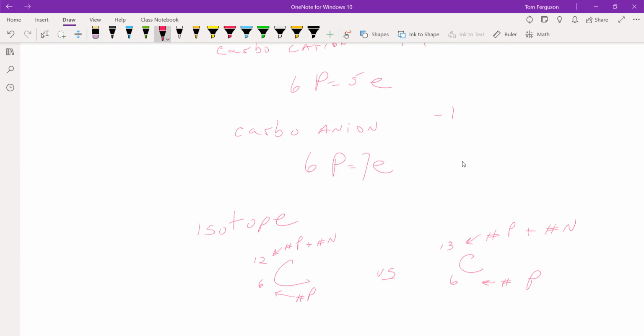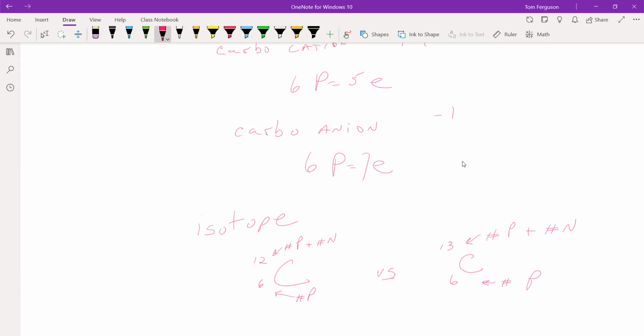So what is different about carbon 12 versus carbon 13? Yeah. What units? Sorry. What units? Like, for the natural mass?